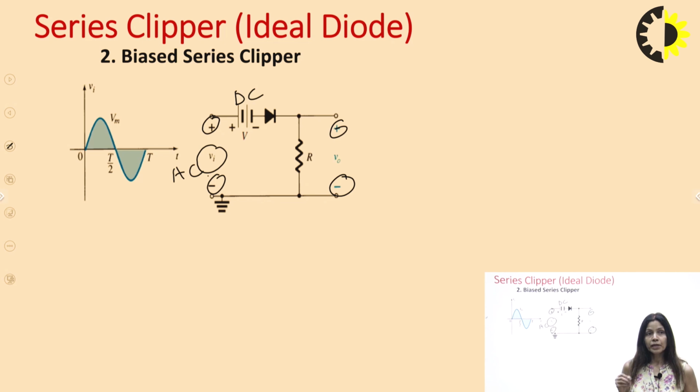So there would be AC supply as well as DC supply. Now we have to see the effect of these two sources, AC plus DC, on the diode simultaneously.